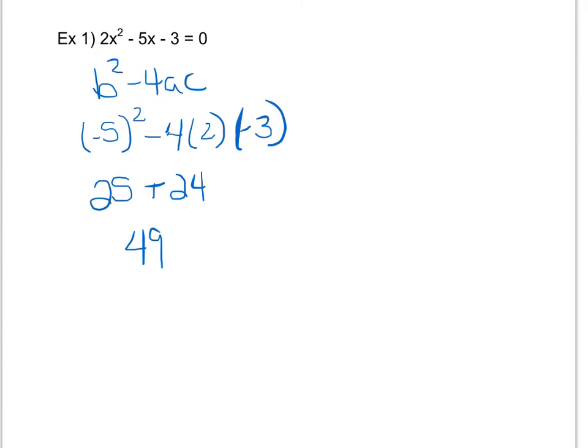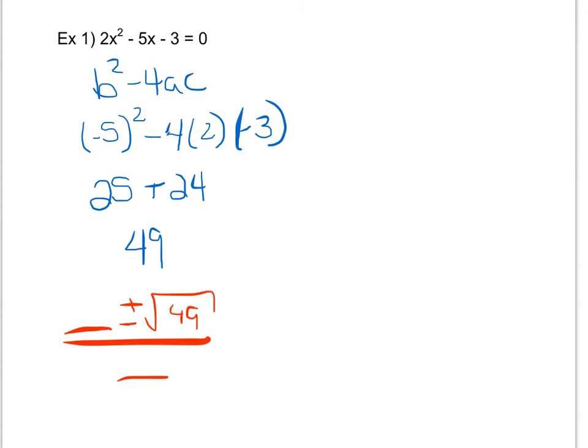Well, keep in mind that if I were to work the whole thing out, the form of the quadratic formula would be something plus or minus the square root of 49 all over something. How many solutions is that going to give me, and what kind of solutions? My first solution is going to come from taking that something and adding the square root of 49 to it, and then dividing by this number here.